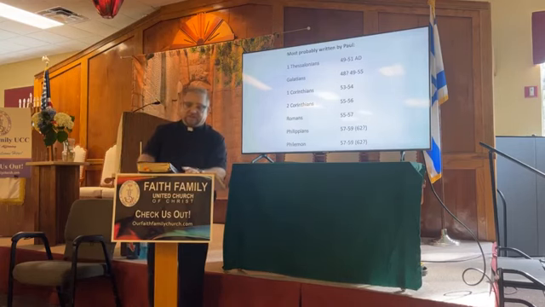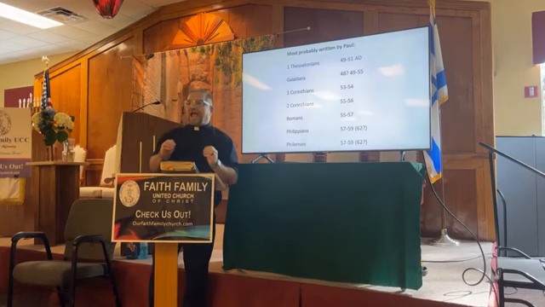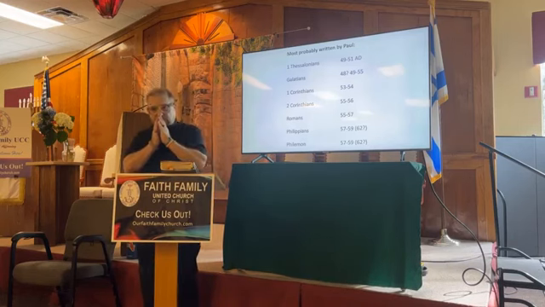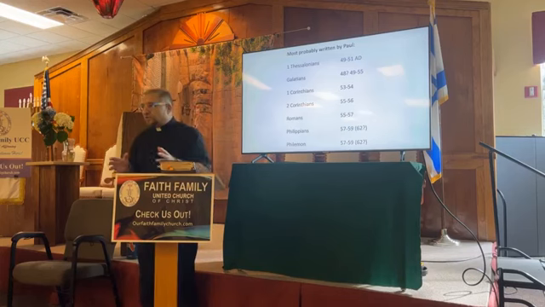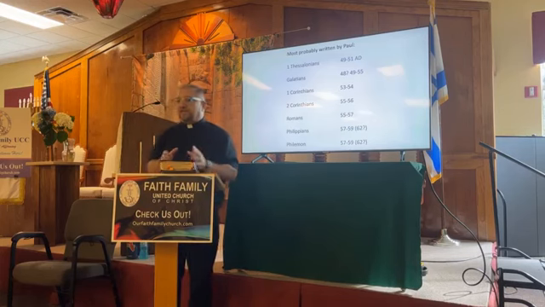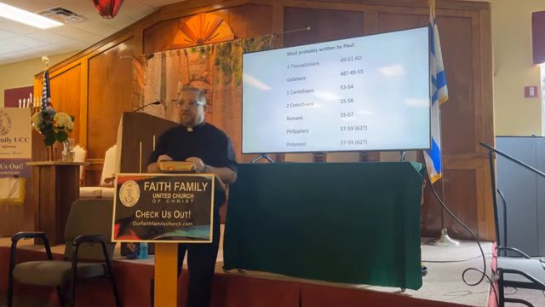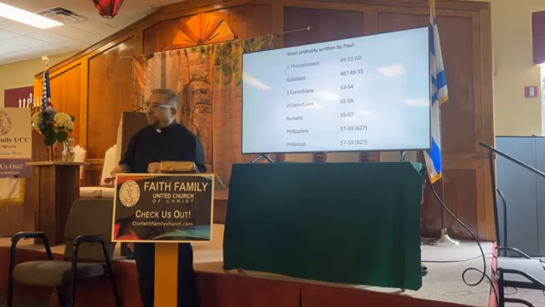Now I have to make a statement. What happens is scholars sit down and they look at the Greek and they look at the way that the sentences are put together and the specific words that are used and how they're used.